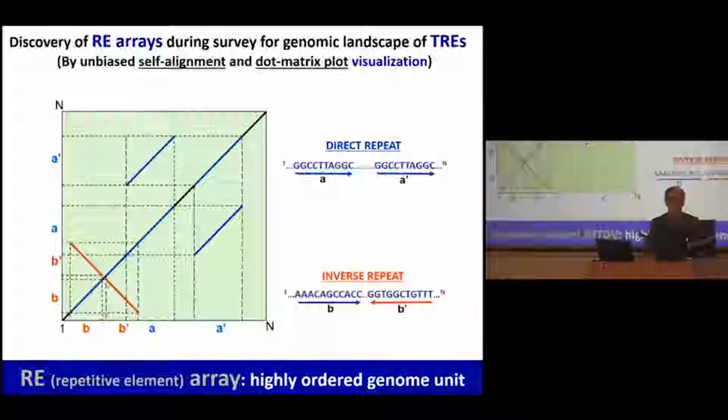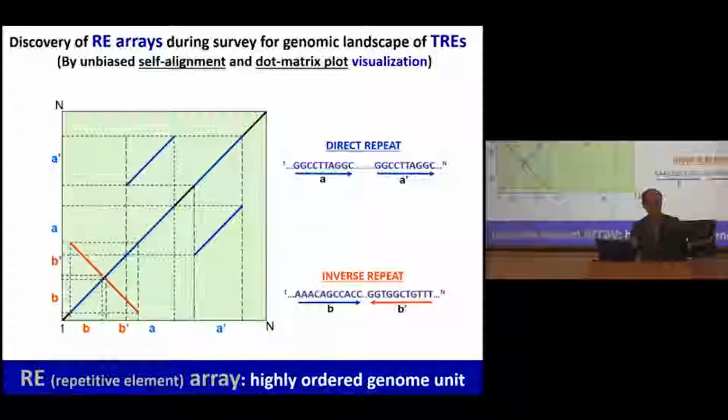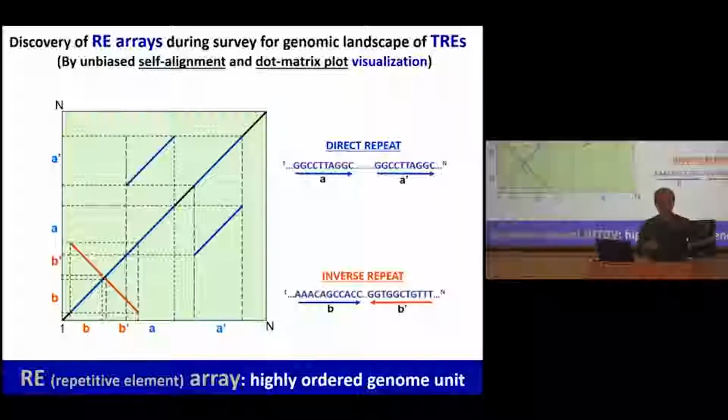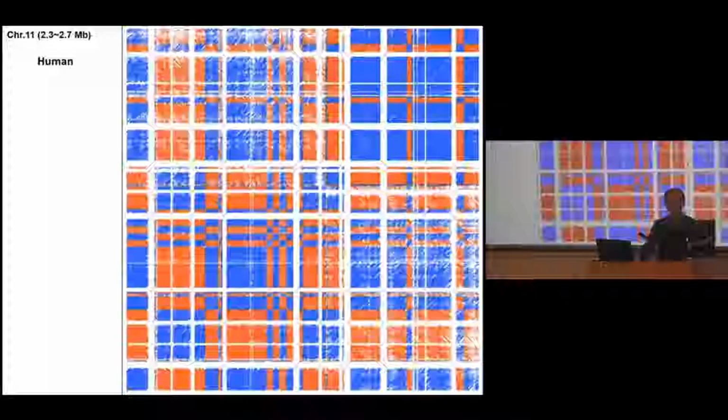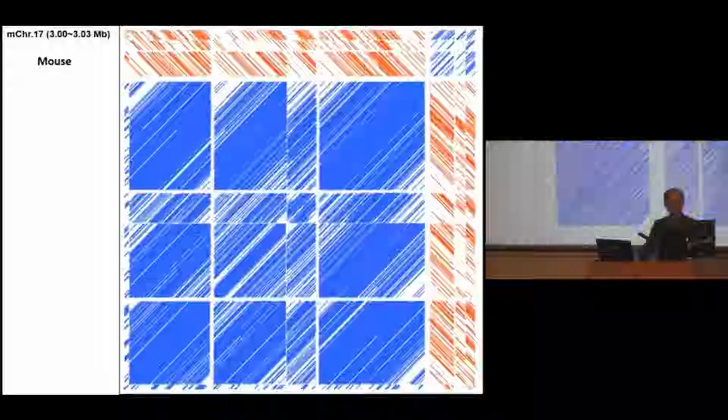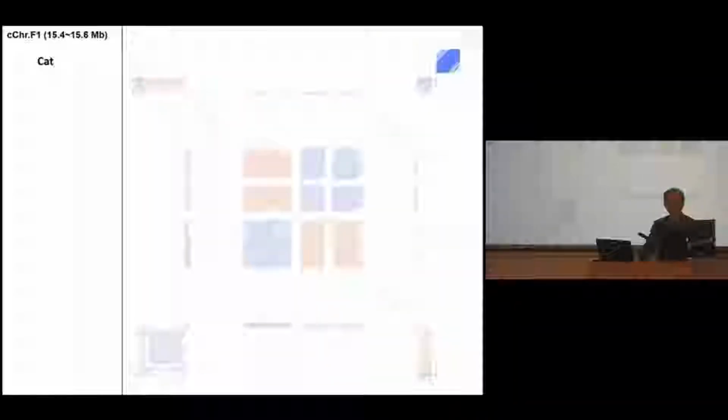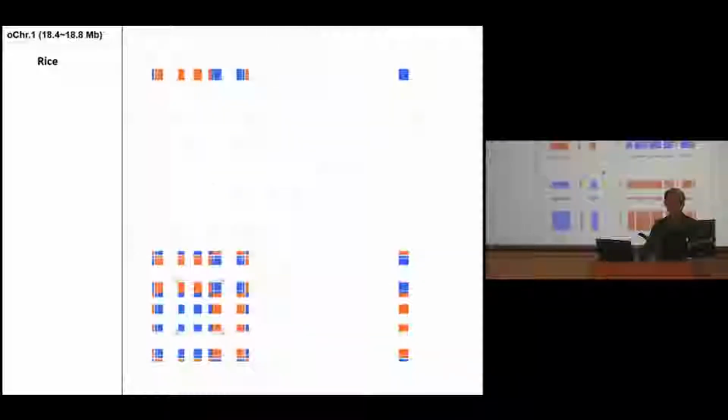We named it the repeat element array, or RE array. We like to say that RE arrays are highly ordered, and RE arrays are unique for each species. So I'll show you one RE array from each species that we surveyed. This is one example each of human, mouse, dog, cat, rice, and poplar tree.